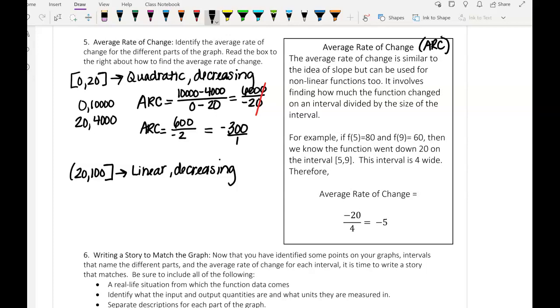But we chose 2 points. I used 43,000 when I marked it on the graph and 52,500.